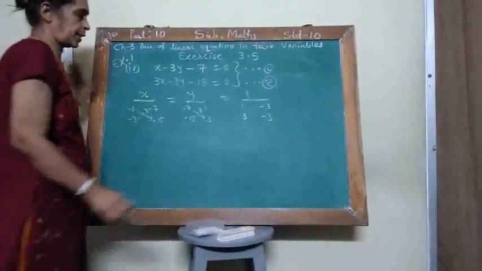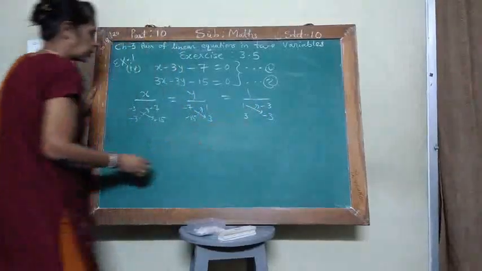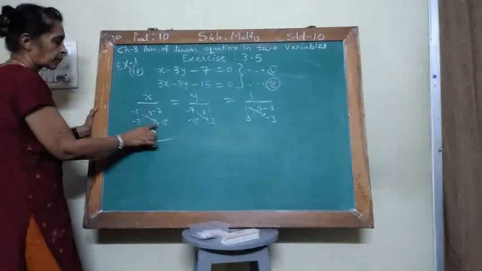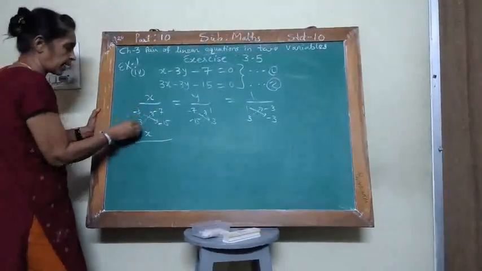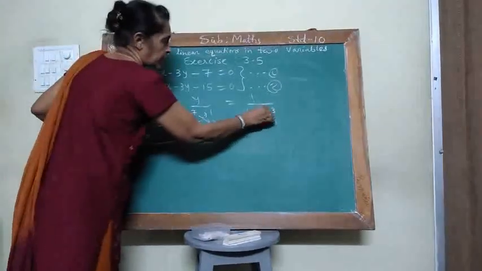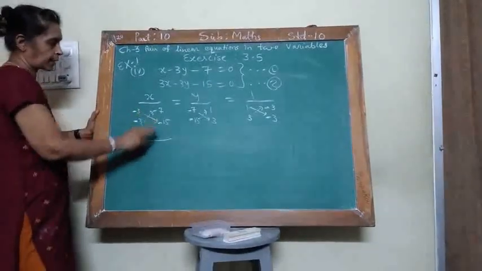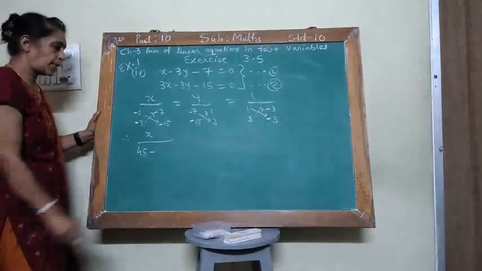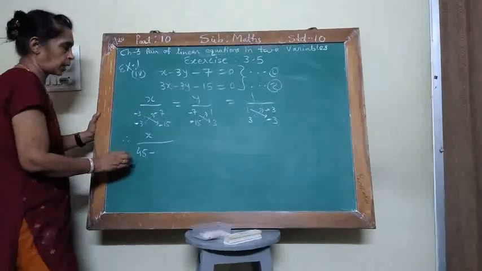Don't put any variable, only the coefficient. And therefore x upon, see, minus sign. Wherever there is a minus sign, write it dark so that you can see it very well, so no mistake occurs. So minus minus plus, 15 is 45, minus the product of these two, again minus minus plus.